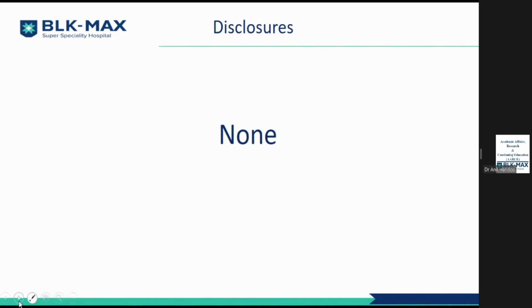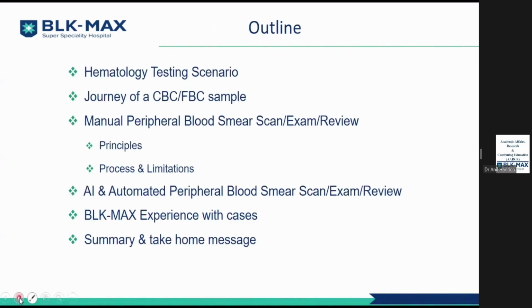An important point I wanted to make is that I have put an outline of the presentation into the following subtopics. I've talked about the hematology testing scenario globally, and the journey of a complete blood count or full blood count sample as it comes into any laboratory, which I'm sure most of us are aware of.